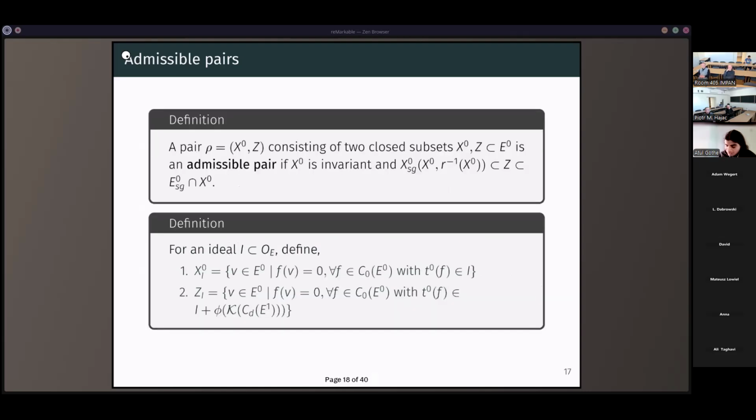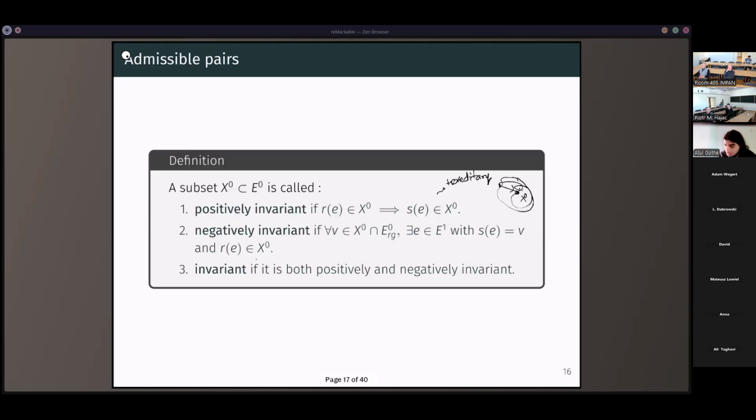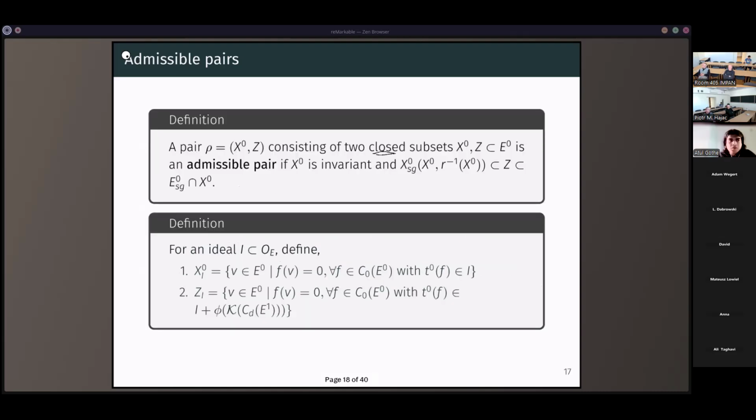So if we have a pair x0, z such that both are closed subsets, so they have to be closed here. In this definition, we don't really use topology anywhere; this is just a combinatorial or set theoretic description. But here we need the topology, that x0 and z are closed subsets of E0.